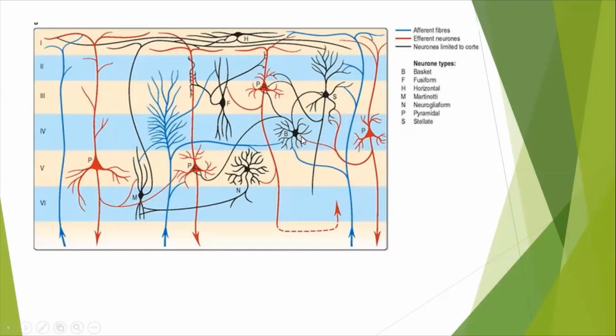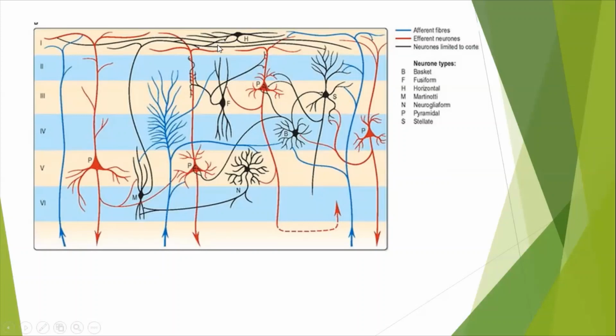Then you have the fusiform cells. You have here the horizontal cells of Cajal. You have to take note that the horizontal cells stay on the first layer of the cortex.